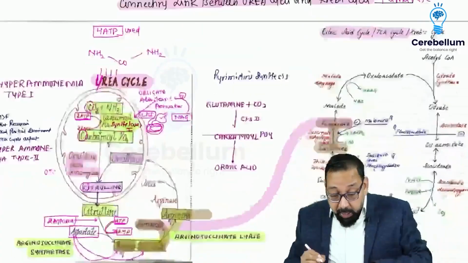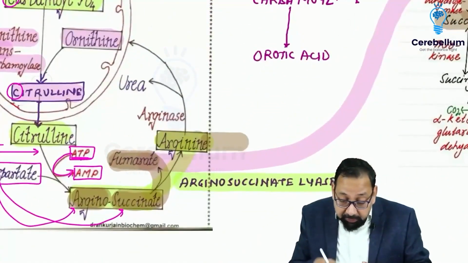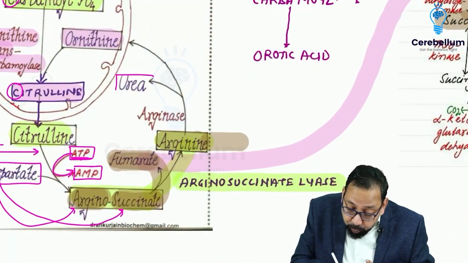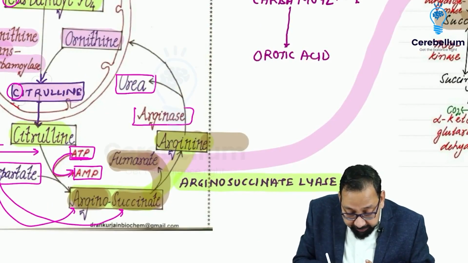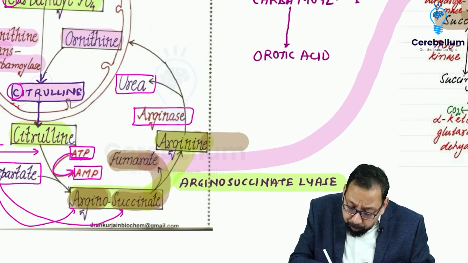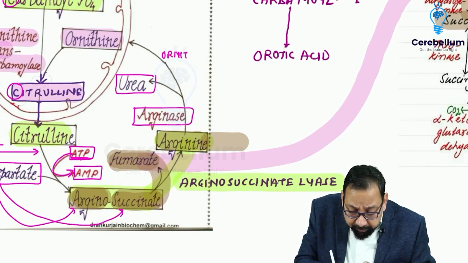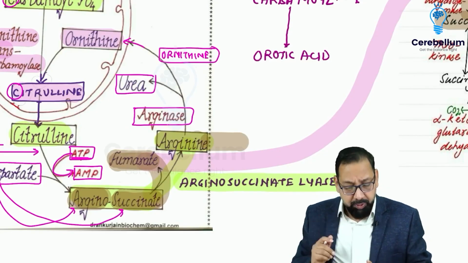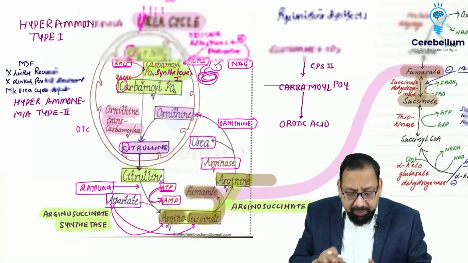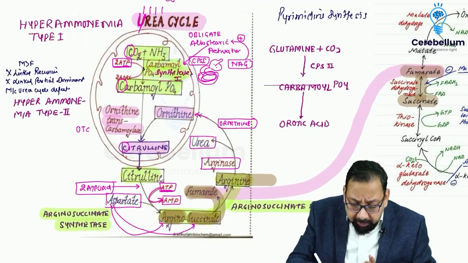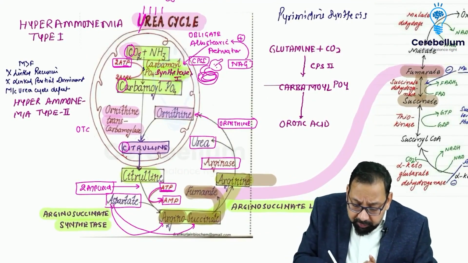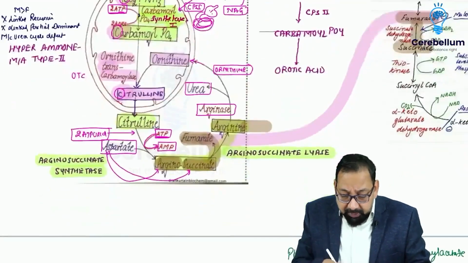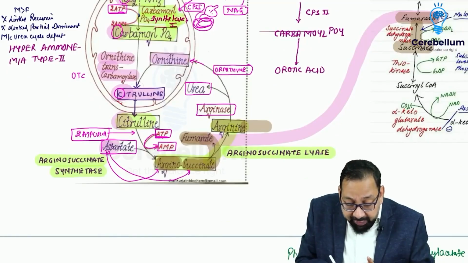We found that arginine is converted to urea by the enzyme arginase and produces ornithine. This ornithine enters the mitochondria. So this is the urea cycle. You can easily remember the 2 steps occurring in mitochondria, C, C, C. Then citrulline binds with aspartate, AS.